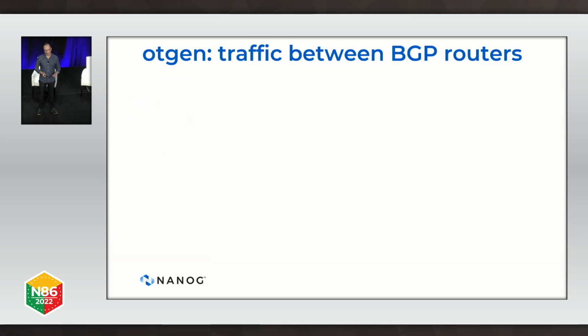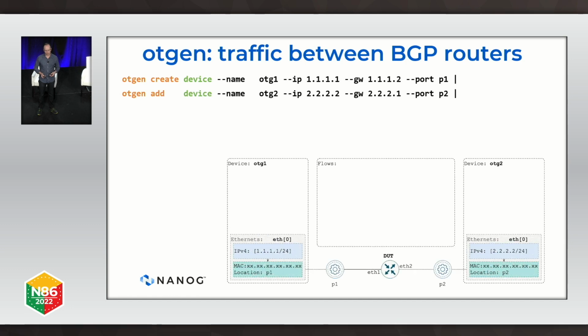Let's say you have a more complicated example: you want to create two devices that would have a BGP stack on them and then exchange routes, and then there is going to be traffic between those routes. So you do OTGen create device 2 times because you want 2 devices to talk to each other. You'll tell what the IP address of the device would be and at what port that device sits.